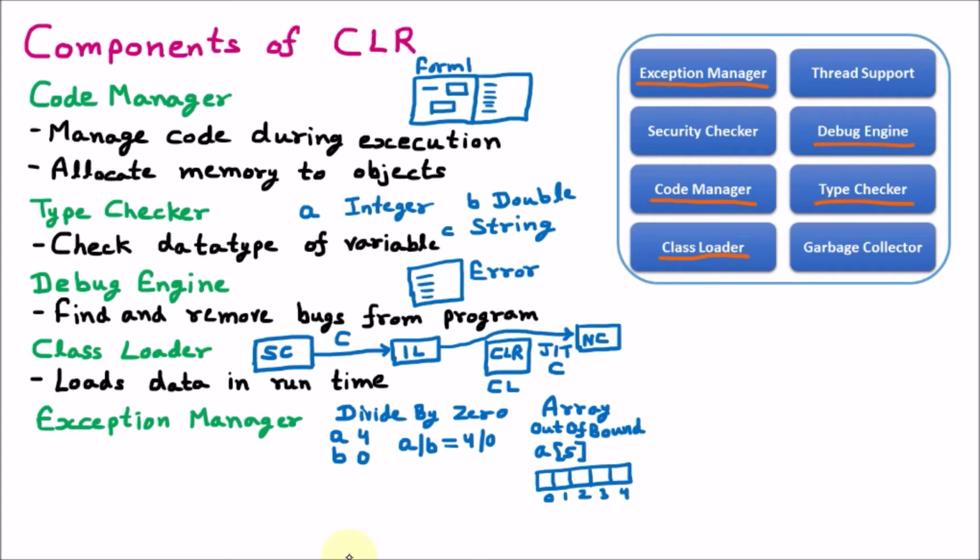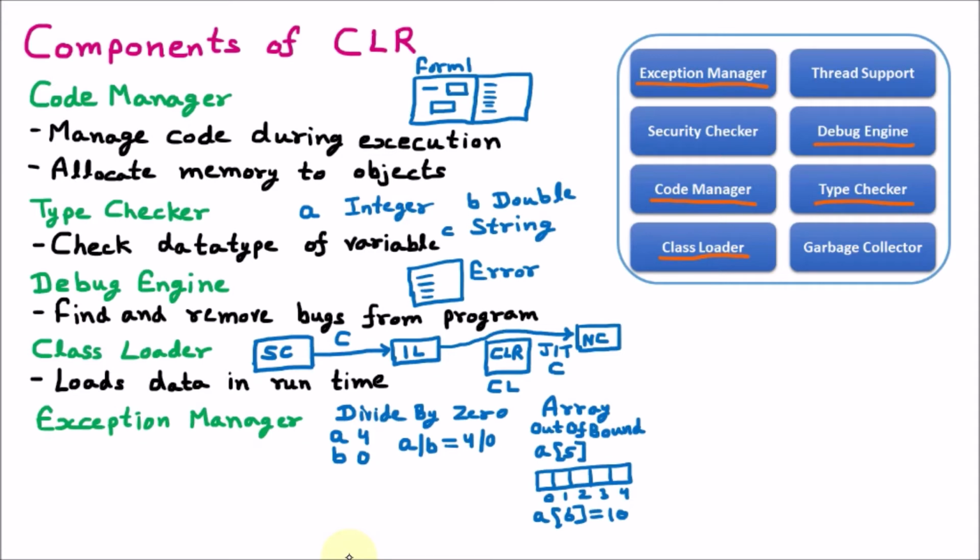So here we are having 5 memory blocks reserved, but if anybody is going to allocate A6 and that is equal to 10. Now logically it is correct, but it is an incorrect thing, because where is A6? The 6th block we are not having, we have only reserved 5 blocks. So this is an exception.